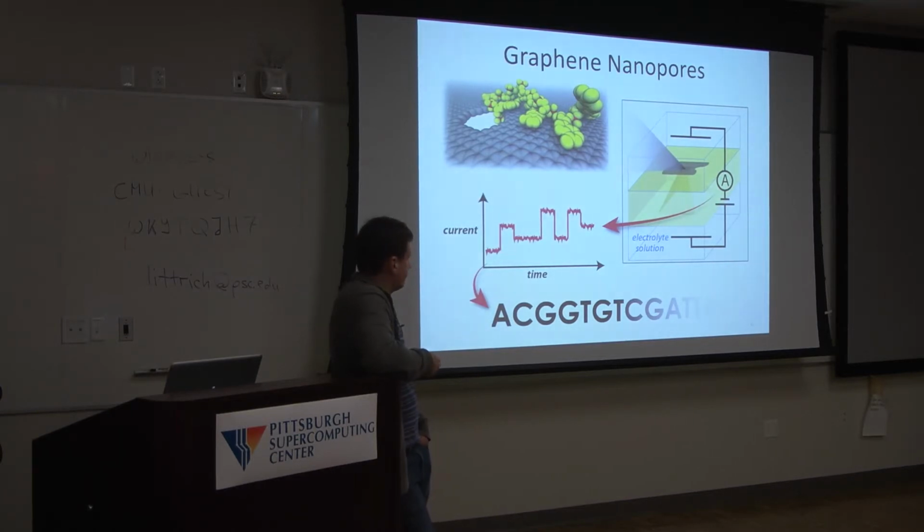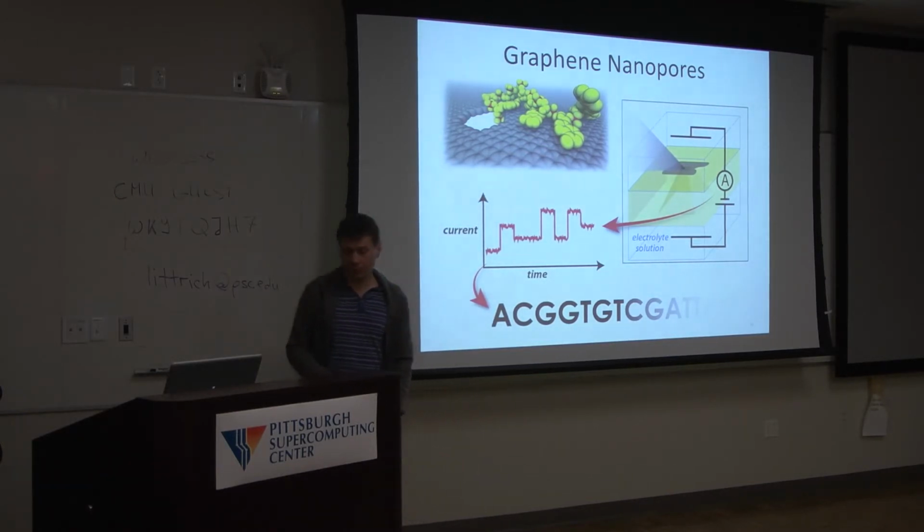For example, you can create a nanogap using graphene and measure tunneling current, or you can create a nanoribbon and just measure a transverse conductance through the graphene and see how electrons and holes scatter around the edges with and without the DNA. So there are many avenues to reading out DNA sequence using graphene. It's a very hot area of research, and it actually turns out to be quite easy to model.